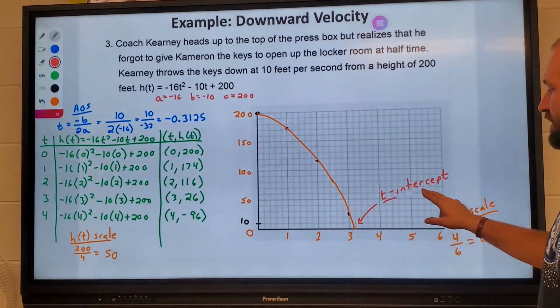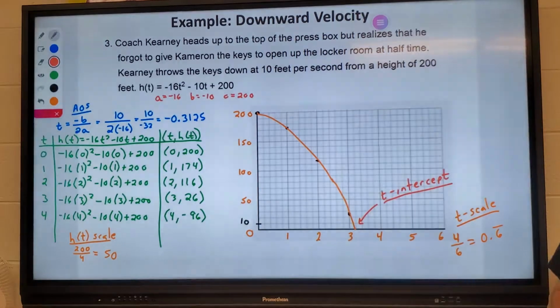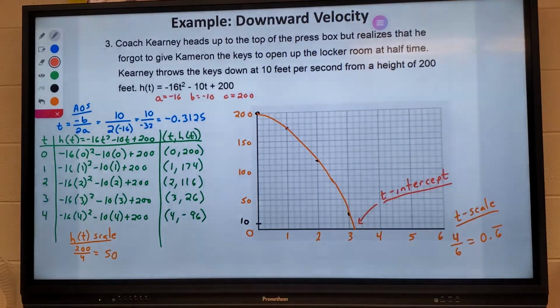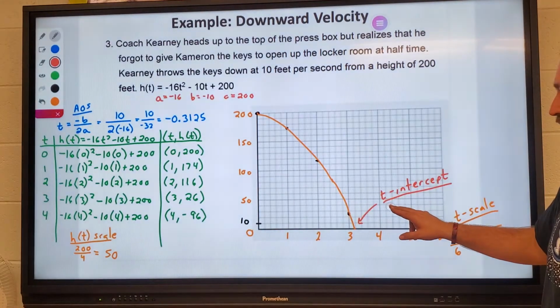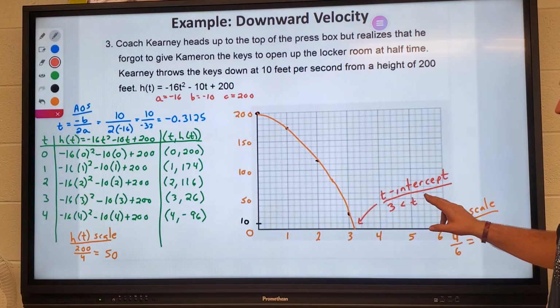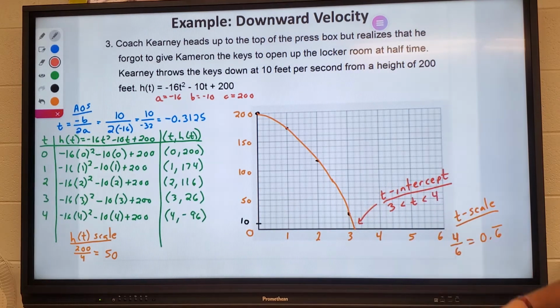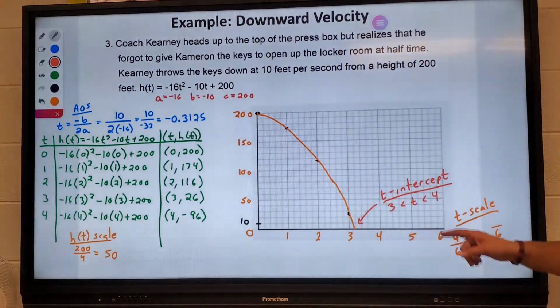And that value is again a between statement, because I don't have something that is actually exactly on that point, right? So I'm going to do that between statement like I did for number 1. This is someplace between 3, which is less than the value of t, which is less than the value of 4, because it goes from here to here, someplace between. And then what does that mean?